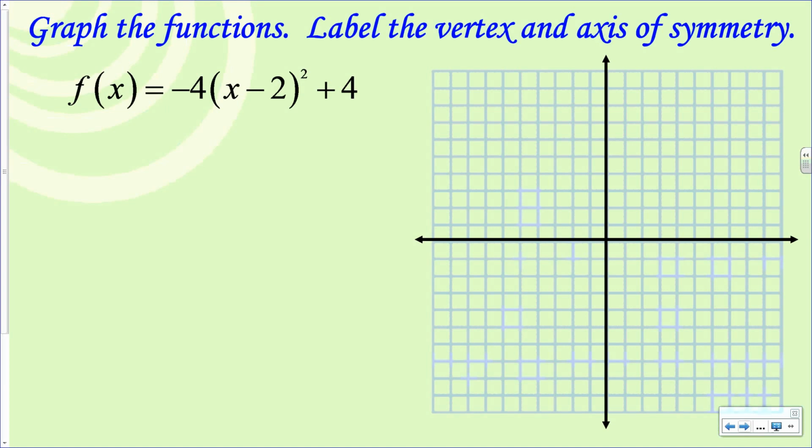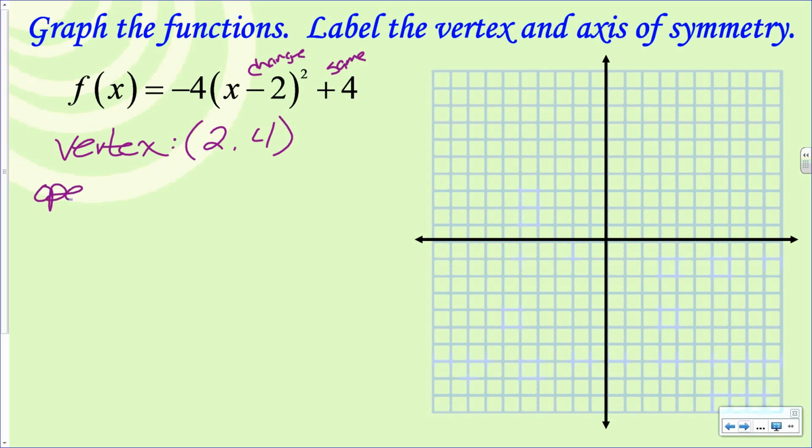Okay, so what is my vertex? Two and 4. Okay, we change this one, and this one stays the same. Okay, lovely.